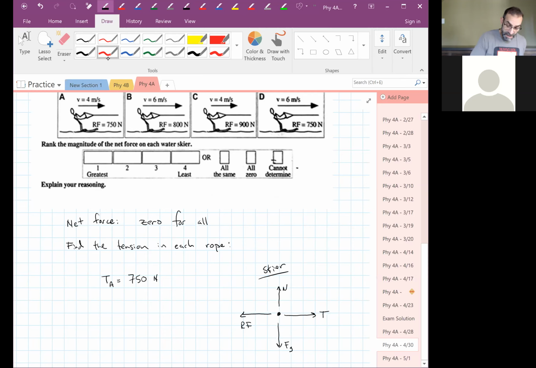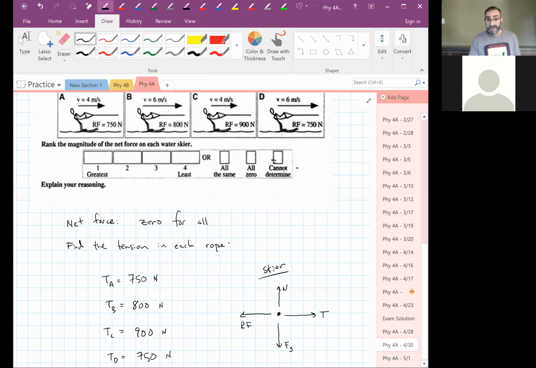These two forces right here have to be equal if they're going to cancel out to zero and you're going to get no net force. So in each case, if we wanted to find the tension in the rope, it would be equal to the resistive force. So B would be 800. C would be 900. And the last one would be 750.